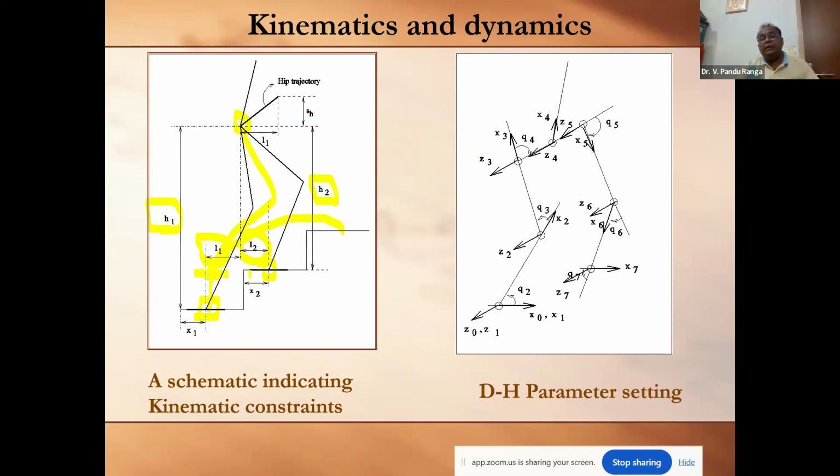By utilizing these two parameters, H1 and L1, and by following the trigonometric approach, we will be able to establish the gait for the lower limbs. Limbs means below the hip joint. That is the included angle made by the lower portion and upper portion of the swing leg, and the upper portion and lower portion of the stance leg.